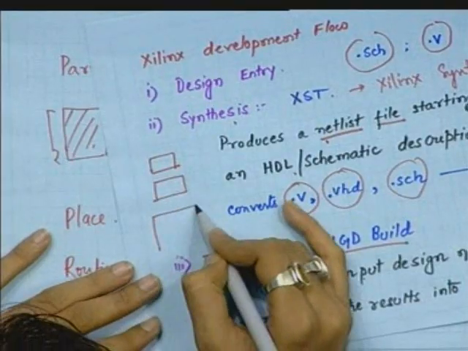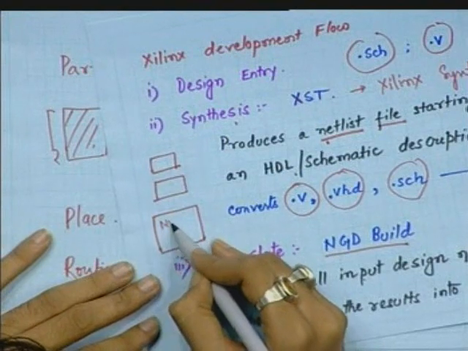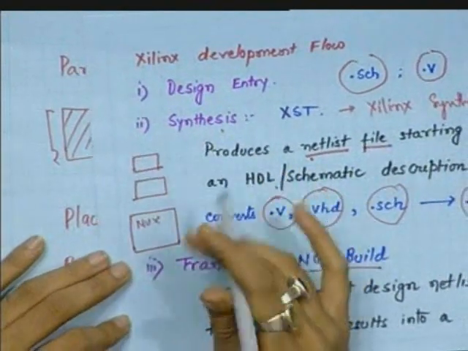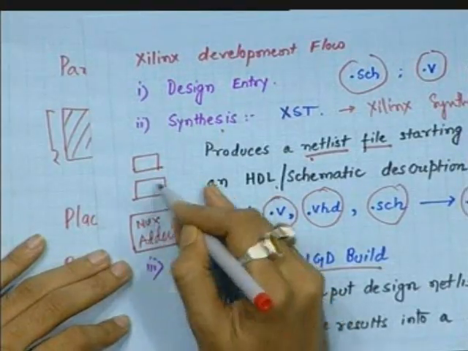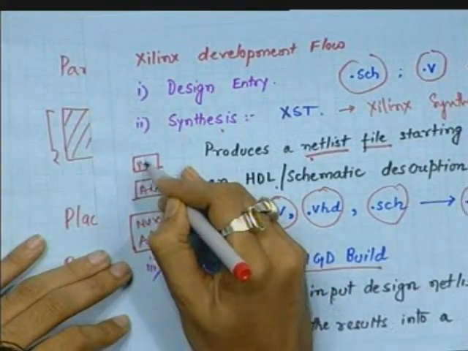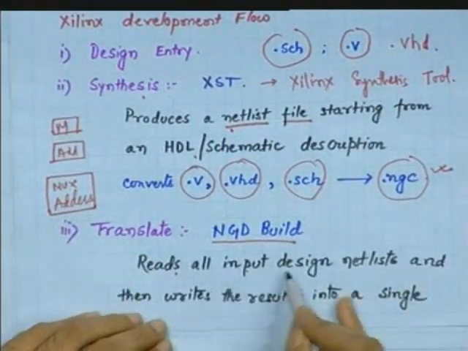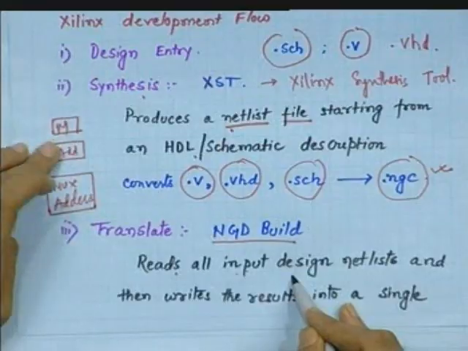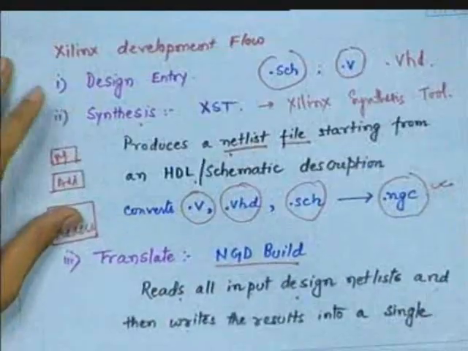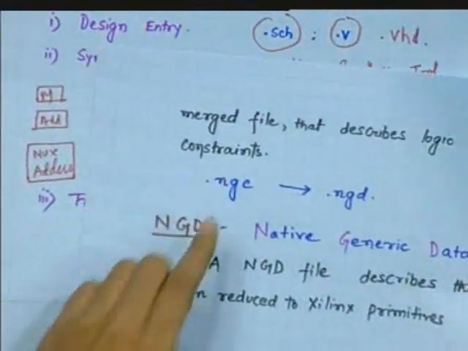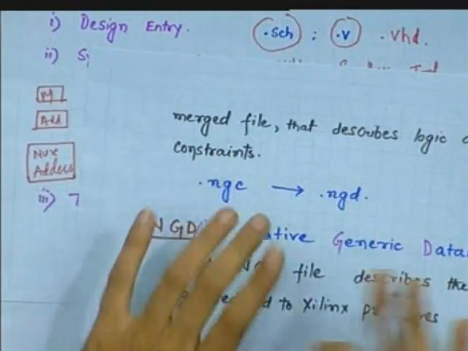In another function, you have used those mux and adder, just like function calling. Now what translation does is read all the input designs and write the result into a single merged file that describes the logic and constraints, just like flattening.